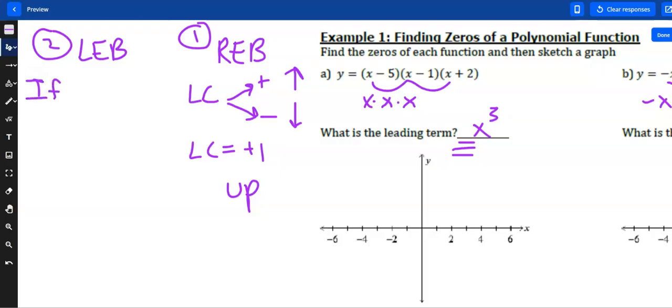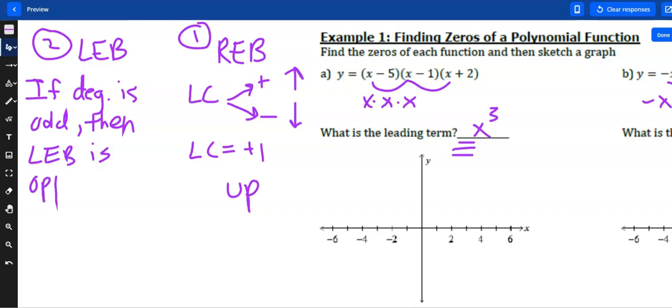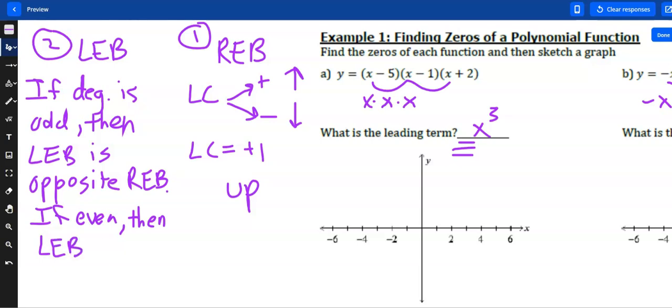If the degree is odd, then the left end behavior is opposite of the right end behavior. If even, then the left end behavior is the same.